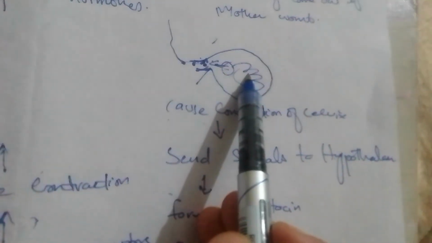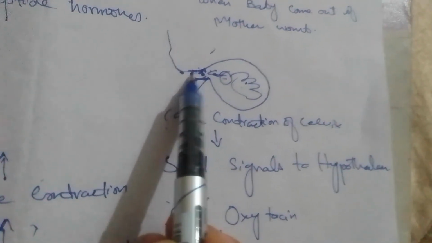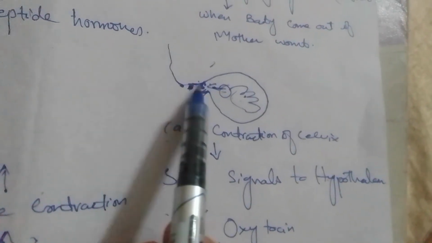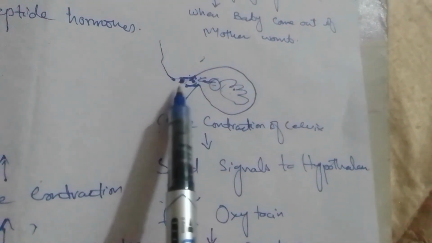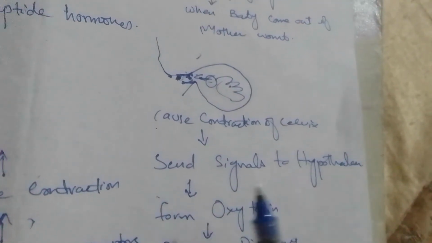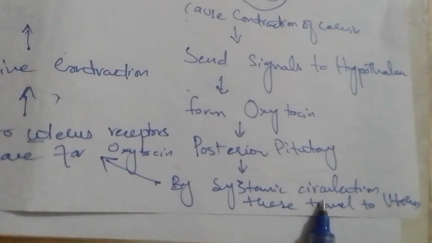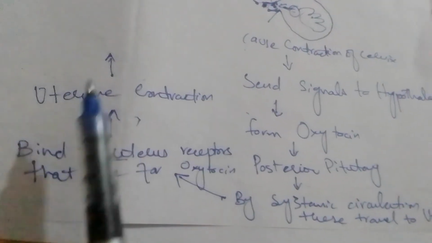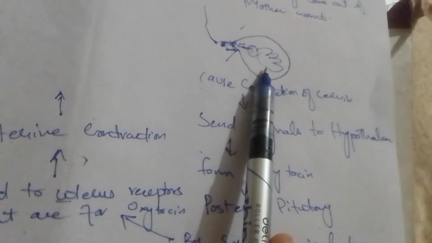And as we discussed earlier, the cervix contraction is the stimulus for the posterior pituitary to release more oxytocin, and this is what we call, as we discussed in the previous lecture, positive feedback. Again more oxytocin is released from the posterior pituitary to the uterus, causing uterine contraction. This uterine contraction pushes the baby forward, which causes contraction of the cervix.